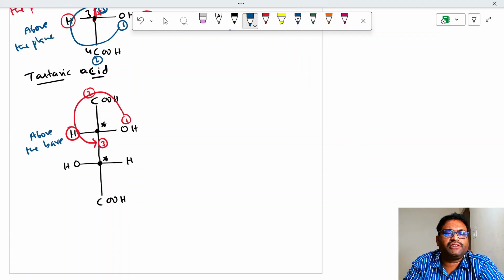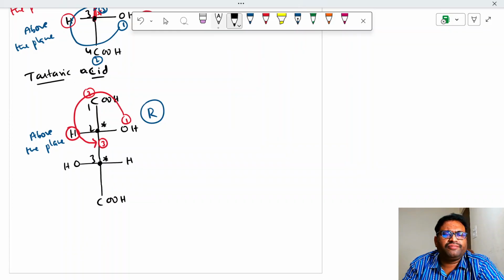Least priority is above the plane. When it is above the plane, what you observe, you have to write opposite to that. You are observing anti-clockwise, that is S. So what is opposite to that? R. So at second carbon atom you have R.